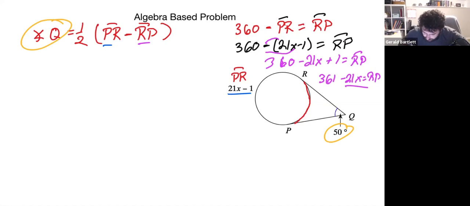So finalizing all this out with the plugins that I just described, we will have 50 is 1/2. That's just still from the formula. Our PR, which is 21x minus 1. We'll throw that in a small parenthesis because that's our PR. Minus sign still from the formula.